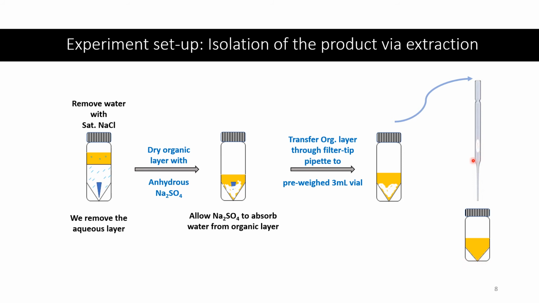The reason we pass it through the pipette is to get rid of any sodium sulfate particles that could be mixed with this, and we are going to get the actual weight of the ester product by directly measuring the weight of this vial. And that's why we didn't want any sodium sulfate passed on to this new vial.